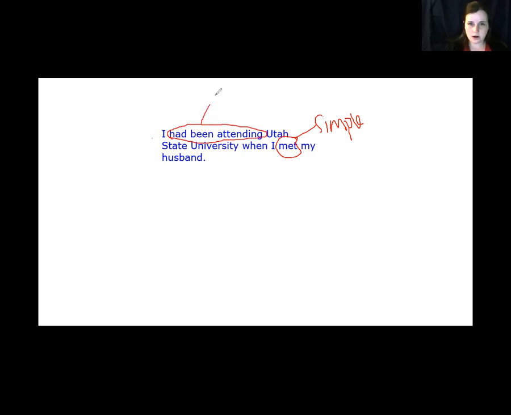Think about it. It's going to be the past, I'm just going to do initials here, past perfect progressive. So all three of those. That is one example of that.